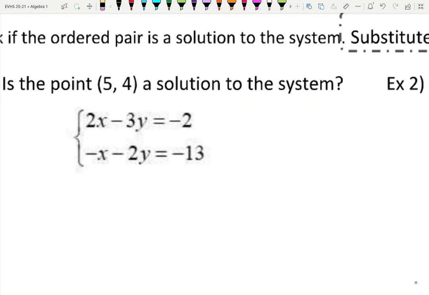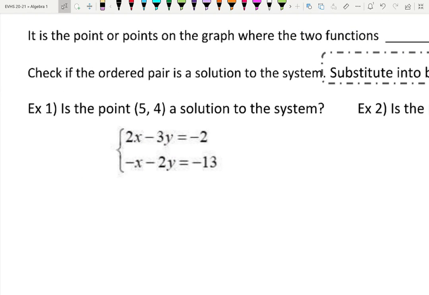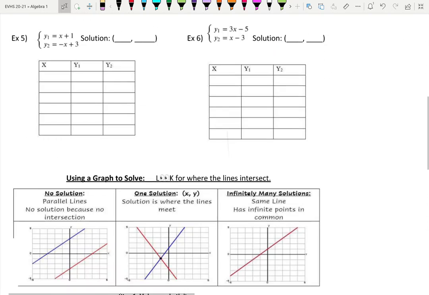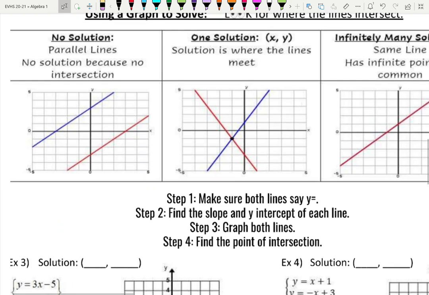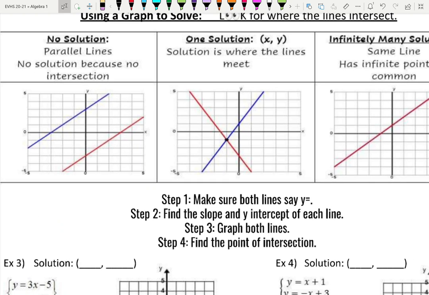Now, what that looks like is, let me go ahead and jump down here. The first equation is going to give me a line like this red line. The second equation is going to give me a line like this blue line.